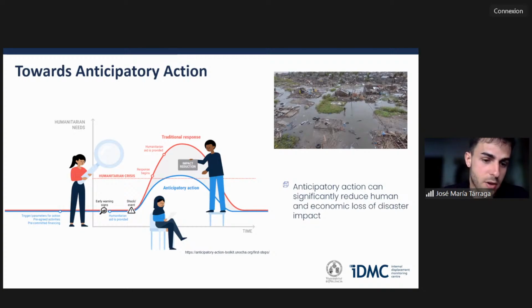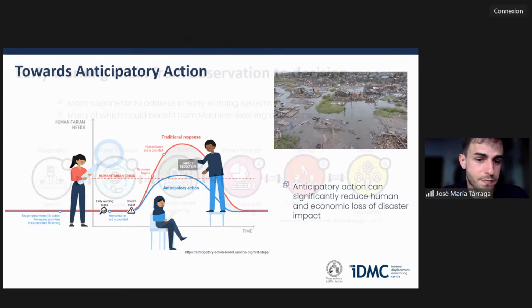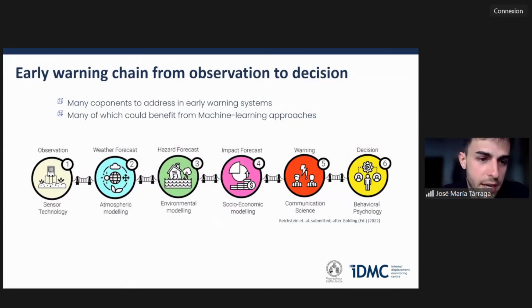face of a disaster. The thing is that as soon as you have early warning signs or any sort of alert of a shock event, if you anticipate or act on the event before it happens, it can be very beneficial and reduce losses because of these disaster impacts. However, there are many steps in this early warning chain, in which you run from observation until you decide.